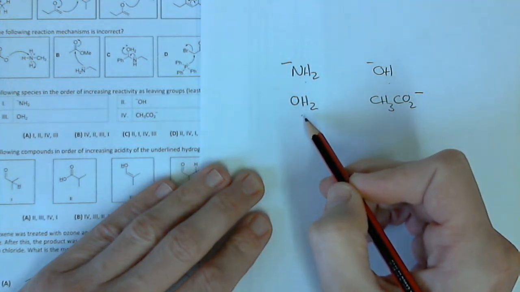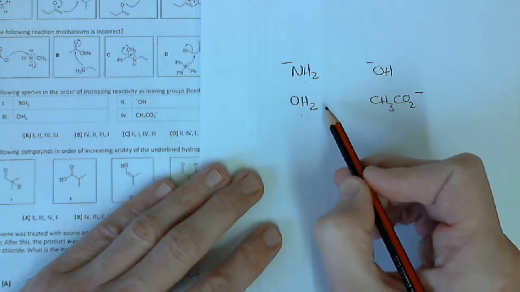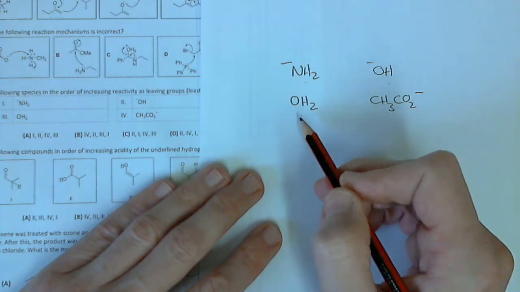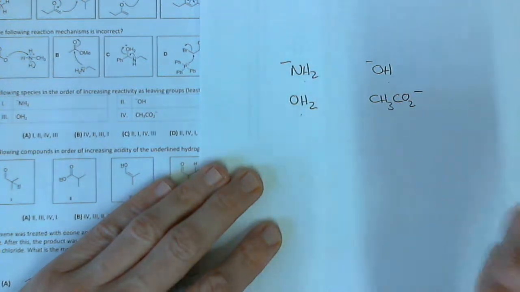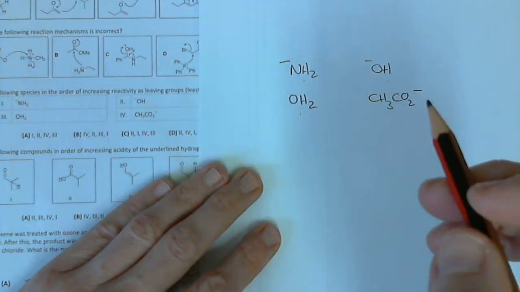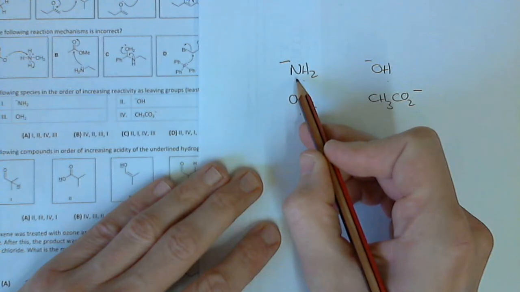All right. And so looking at each of these, you're deciding which is the strongest as a leaving group, which would have been the strongest acid, because the strongest acid means that, as conjugate bases, that one would be the best leaving group. Well, the worst leaving group must be this over here.